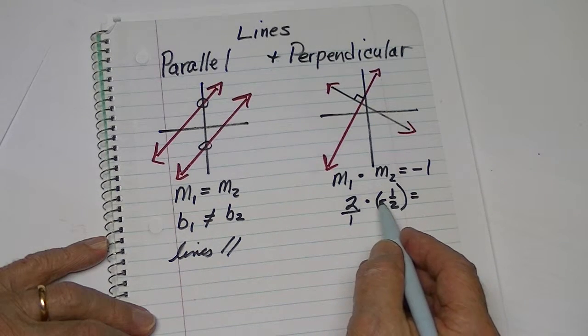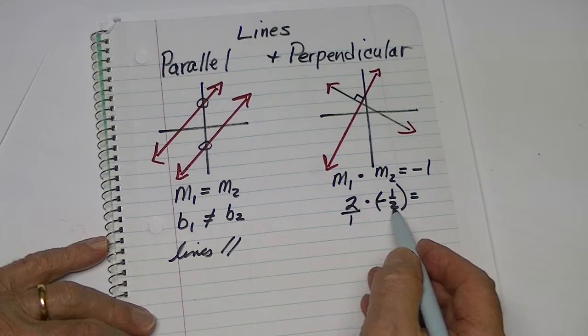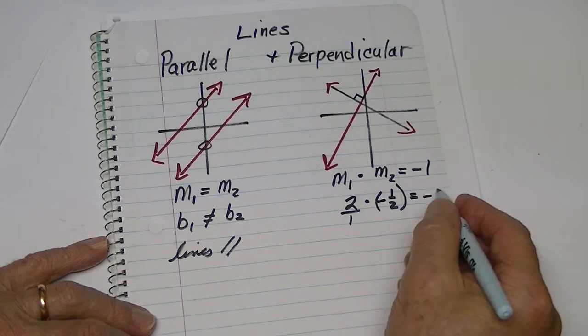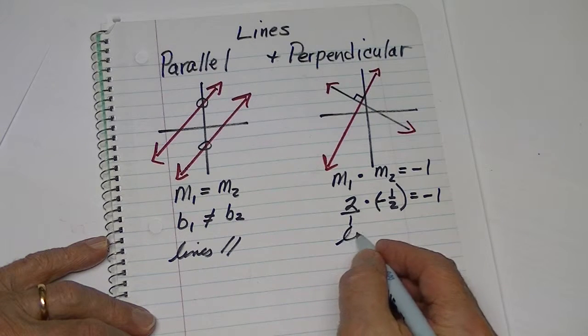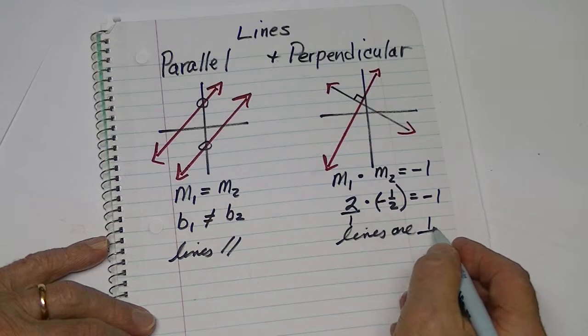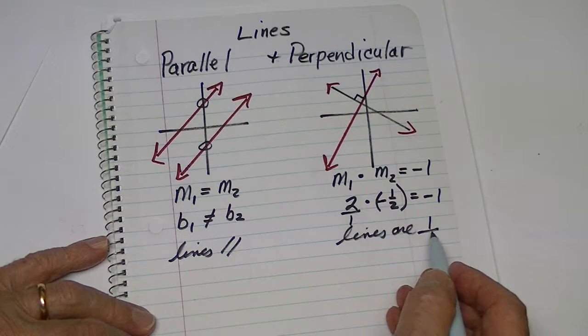We say it's the reciprocal, and in this case the negative or opposite sign reciprocal. It gives us a -1. Then these lines are perpendicular, and an upside down capital T is the symbol for that.